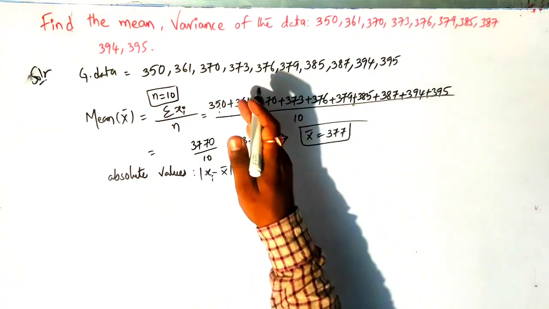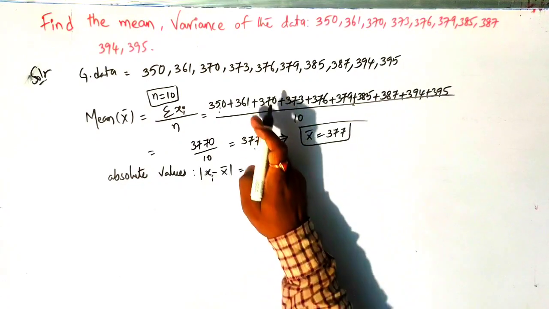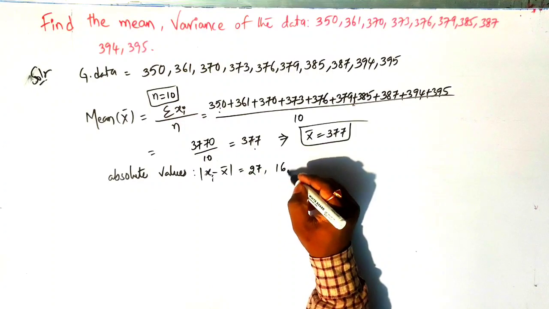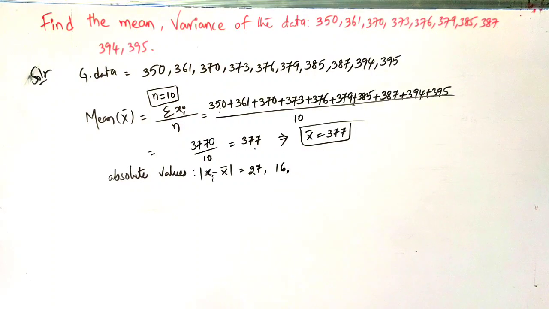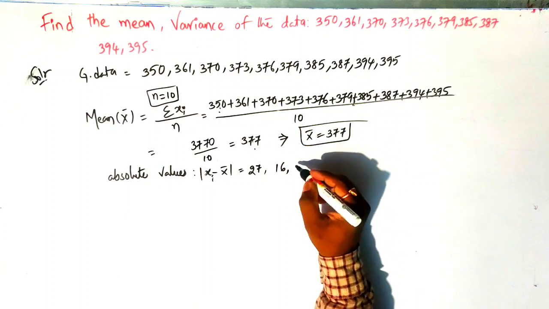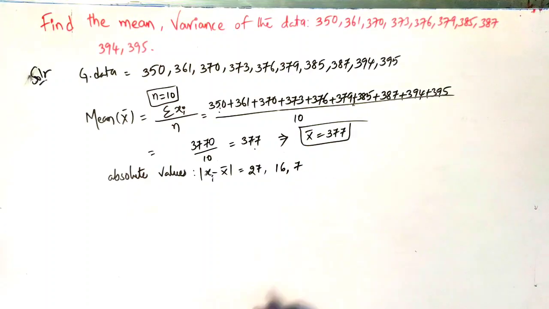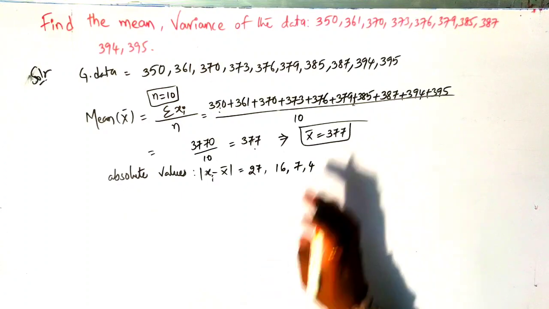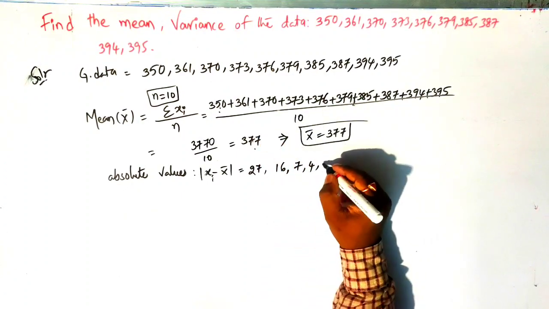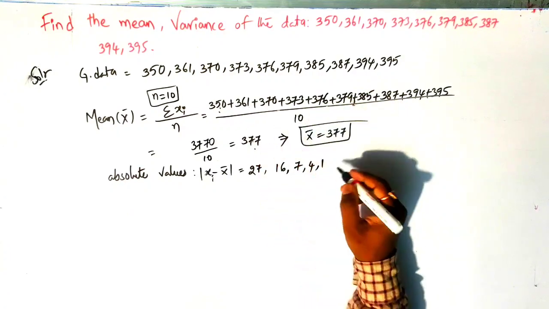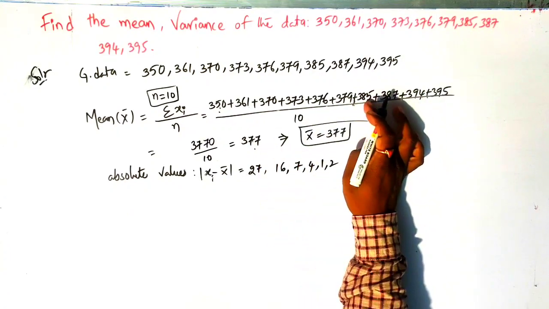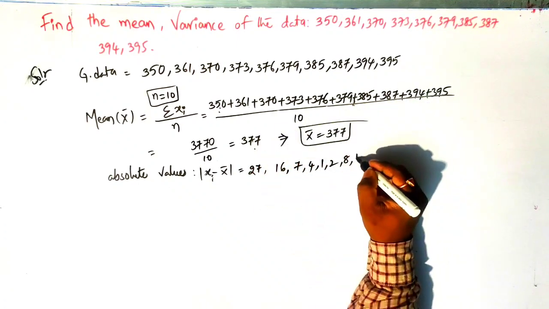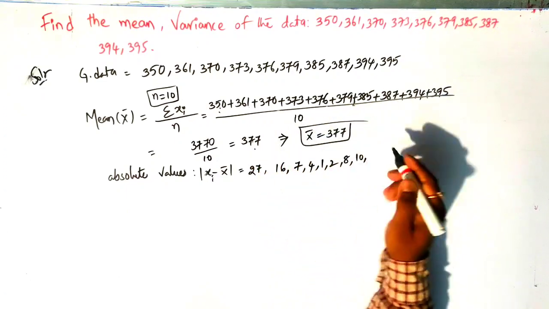So 377 minus 361 is 16. Okay. Next, 377 minus 370, so we get 7. 377 minus 373 we get 4. 379 minus 377 is 2. 385 minus 377 is 8. 387 minus 377 is 10. 394 minus 377 is 17.